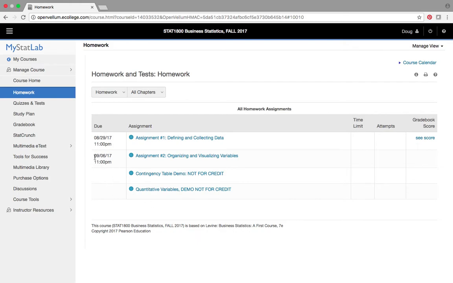So if these dates don't coincide, don't sweat it. But regardless, when you're taking the class, there's going to be a homework assignment. Again, it's a demo, not for credit assignment, but it's just to learn, for me to work problems and show you some features on my stat lab and teach some statistical concepts in this assignment.